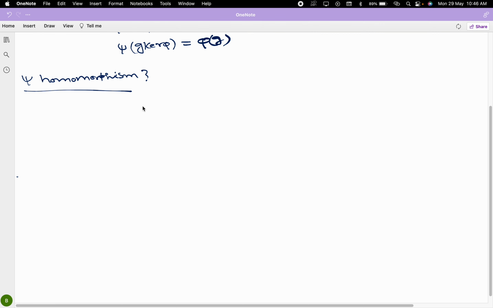We are given the map psi from G mod kernel phi to phi of G, defined as psi of g kernel phi equals phi of g.